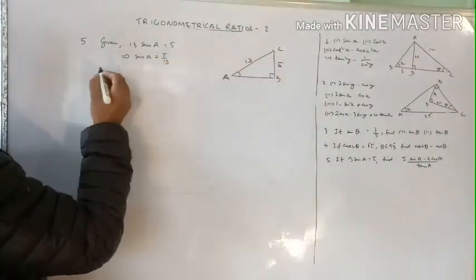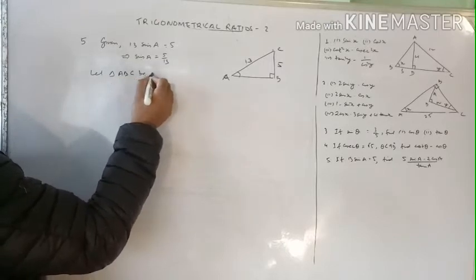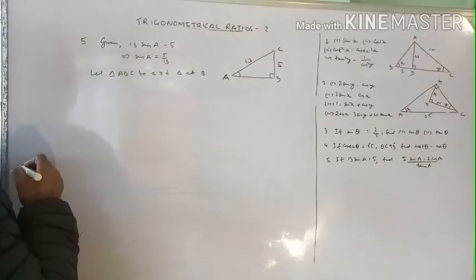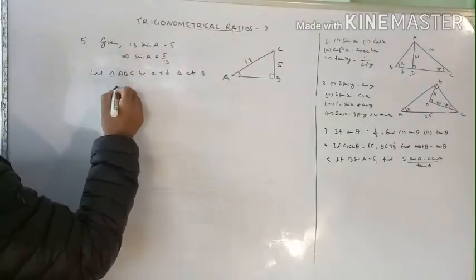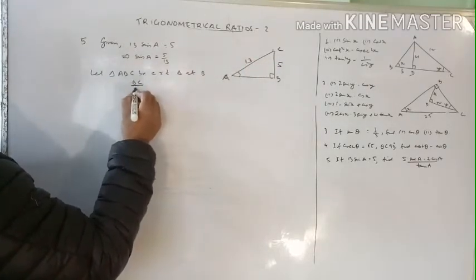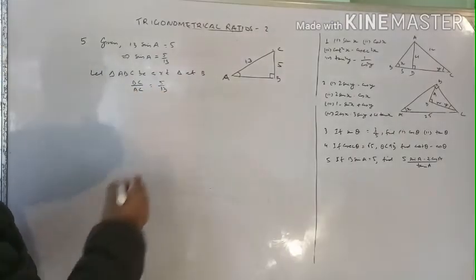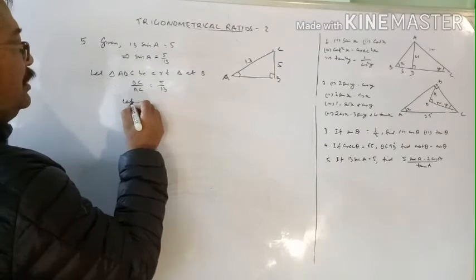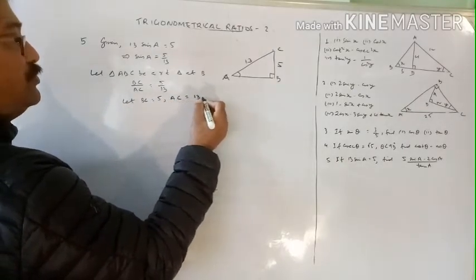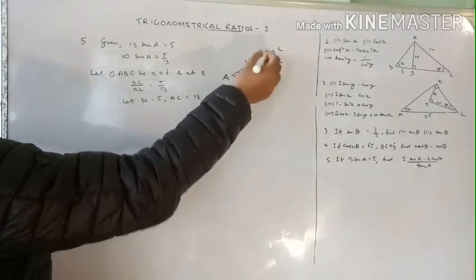Let triangle ABC be a right triangle at B. Therefore sin is 5 by 13, that is P by H, so BC by AC equal to 5 by 13. So let BC equal 5 units and AC equal 13 units. Now we use the Pythagoras theorem. The longest side is AC.